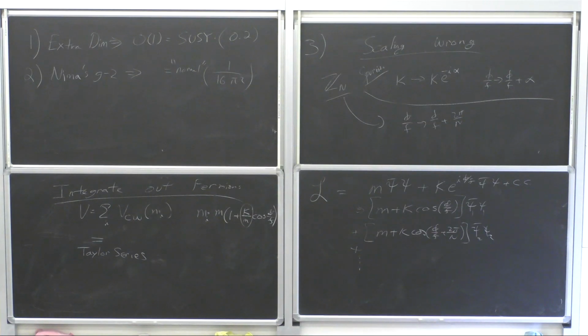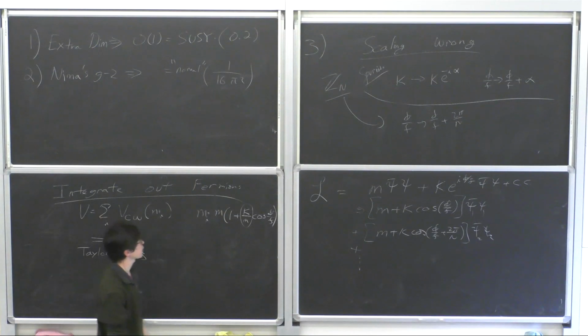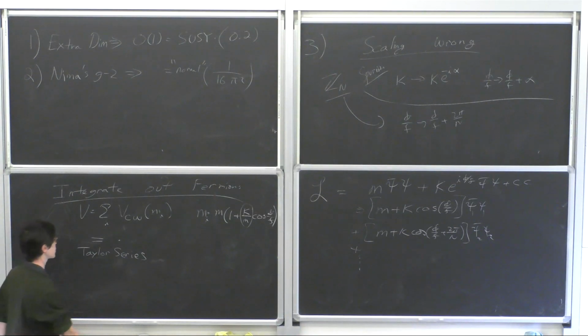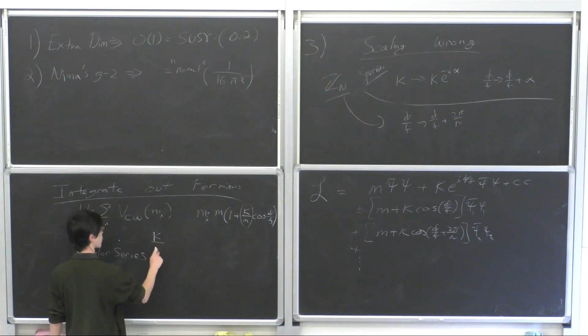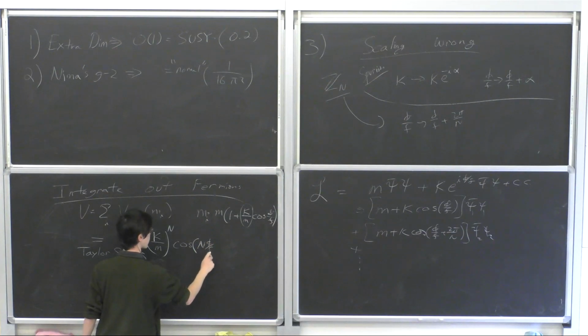Okay, so we're going to go back to the argument we had before on why things are small. I want to write something here that is invariant under all my symmetries. And the statement is, well, you can't do it unless you do kappa over m to the nth power cosine n phi over f.